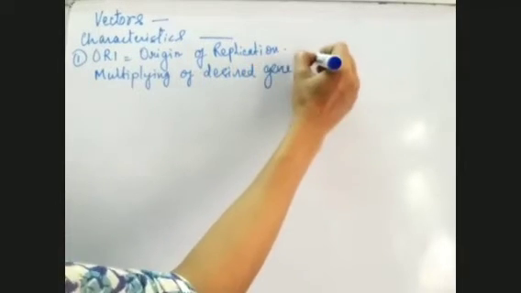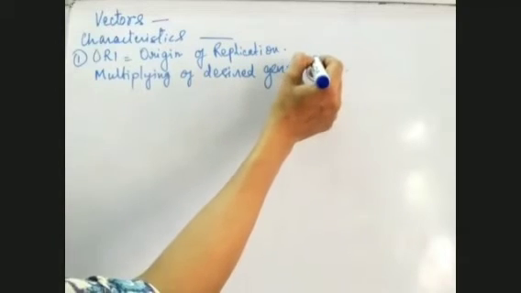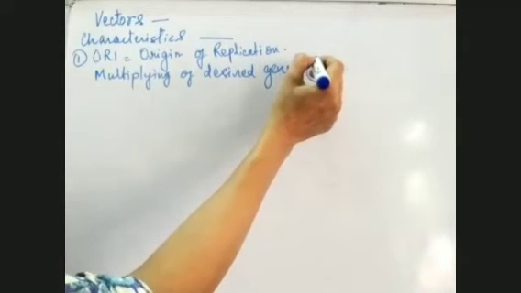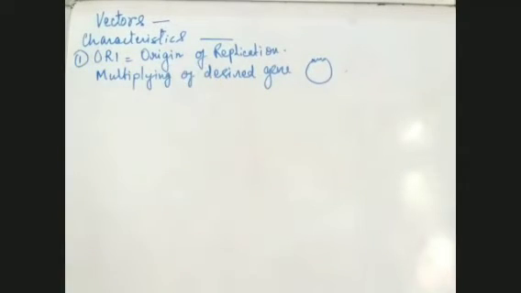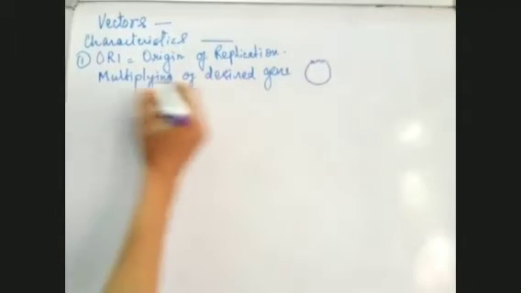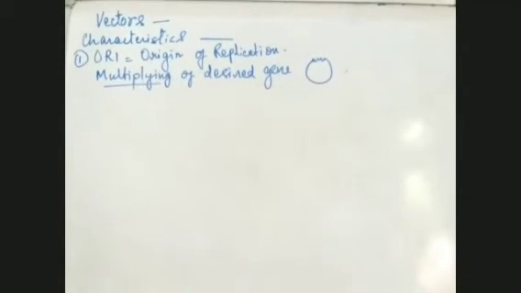That means when the desired gene is introduced in the plasmid, this should have an ORI, because if the origin of replication is there, it will replicate, it will multiply, it will form more in number, then our gene will also multiply. So it should have an origin of replication, which is very important.